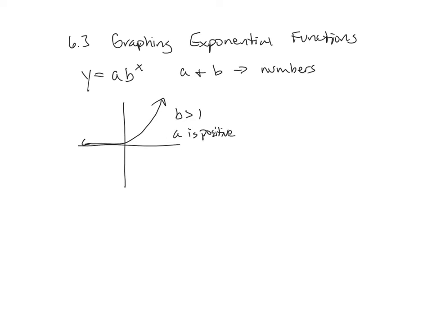Okay, and so it could also start off flat and go down. And again, this is b is greater than 1, but a is negative.